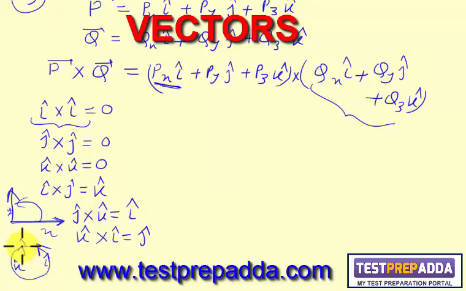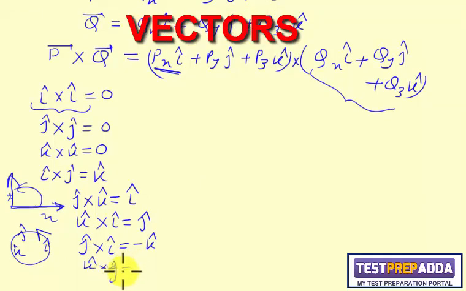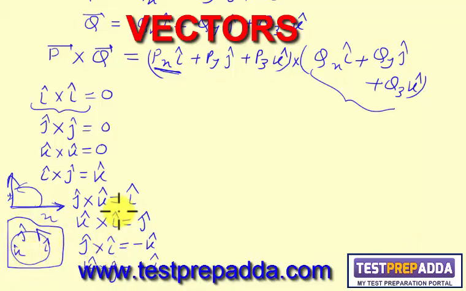But if it is j cross I, it will be minus k cap. Got it? Similarly, if it is k cross j, it will be minus I cap. So always use this cyclic method to determine the result.